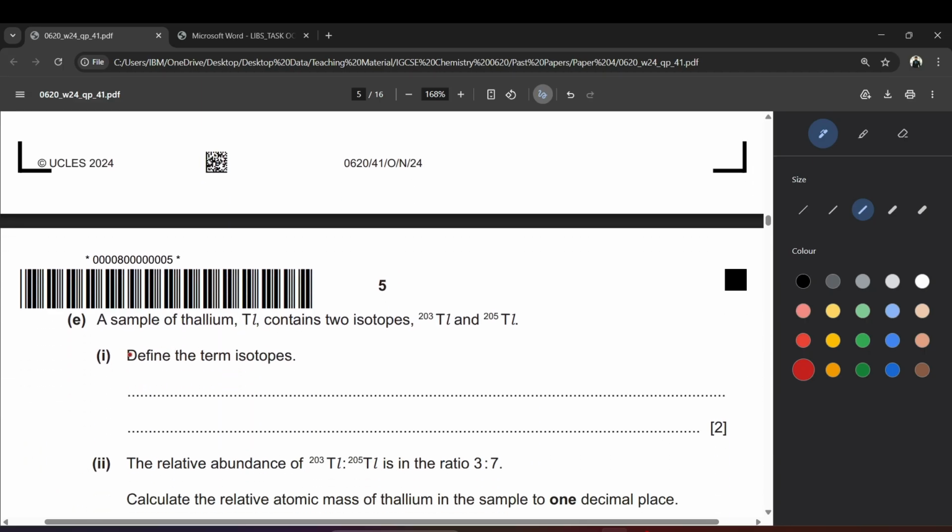All right, part E. A sample of thallium contains two isotopes, Tl203 and Tl205. Define the term isotopes. So this is a question that requires a basic definition.